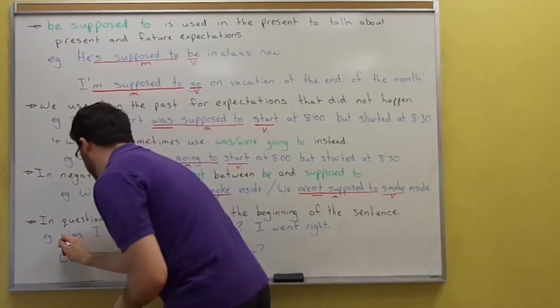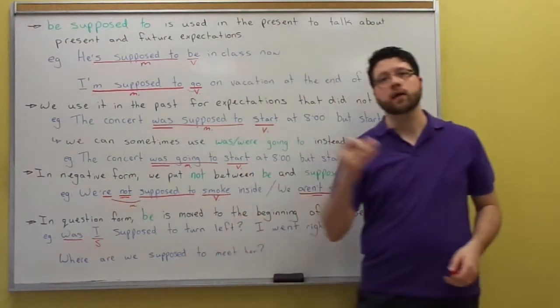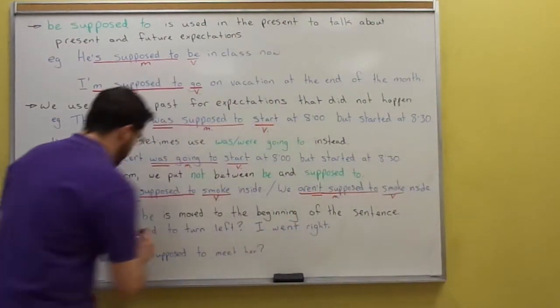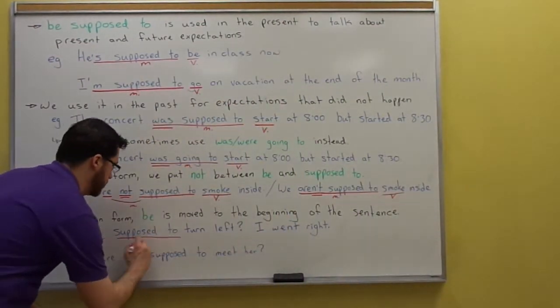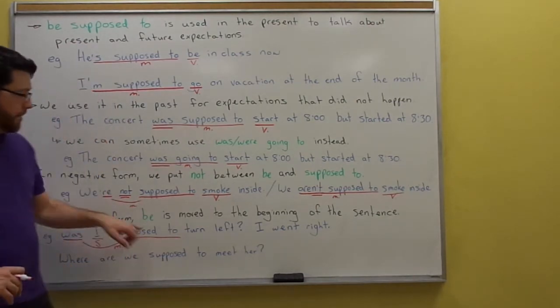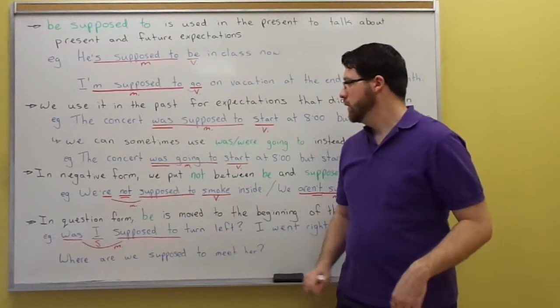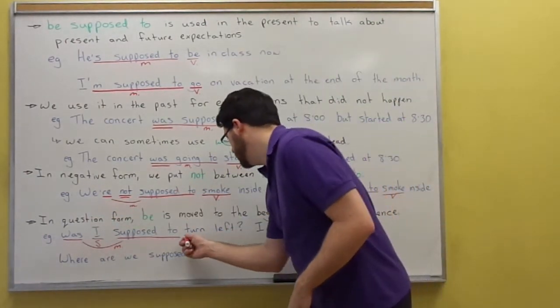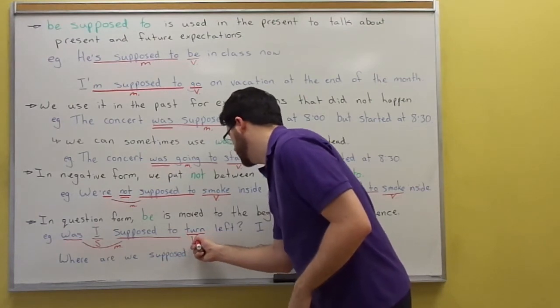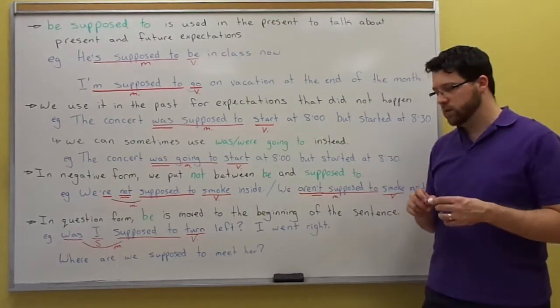And here you'll see, was, and then the subject. Was I? The rest of the modal, supposed to. And so again, our modal's linked, but there's something in between. Was I supposed to? Again, the verb is turn. Was I supposed to turn left?